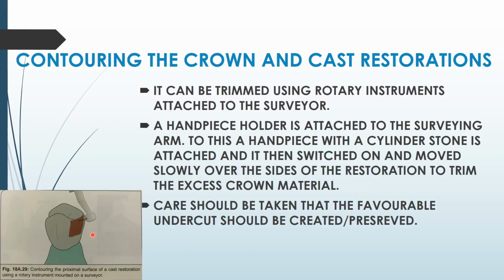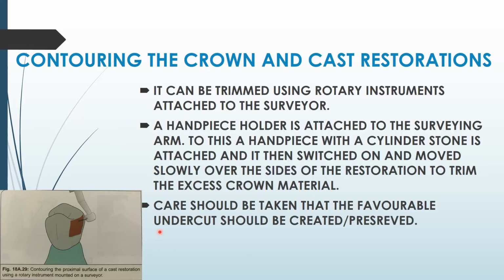The handpiece holder is attached to the surveying arm. A handpiece with a cylindrical stone is attached to it, switched on, and moved slowly over the side of the restoration to trim the excess crown material. Now you have prepared a crown on the abutment, and to trim it you are using a surveyor.